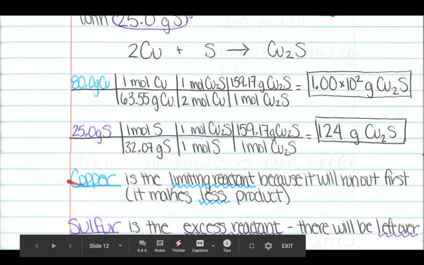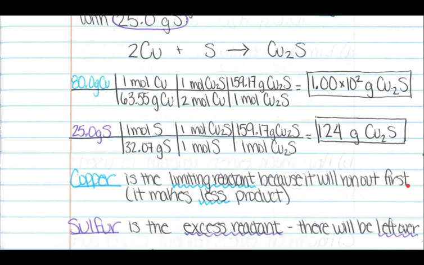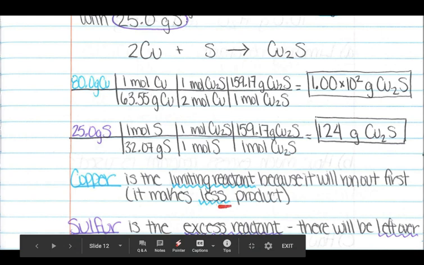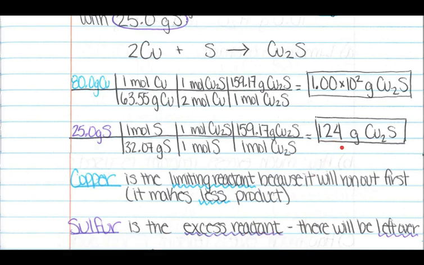Okay, so go ahead and copy down that copper is a limiting reactant because it will run out first. How do I know it will run out first? It makes less product. Sulfur is the excess reactant because it makes more of the product.